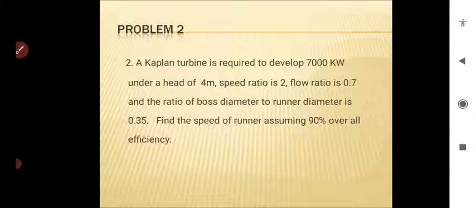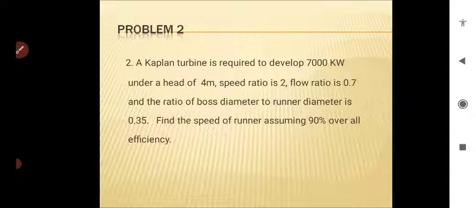Flow ratio is 0.7, and the ratio of boss diameter to runner diameter is 0.35. Find the speed of runner assuming 90% overall efficiency. This is the second problem.